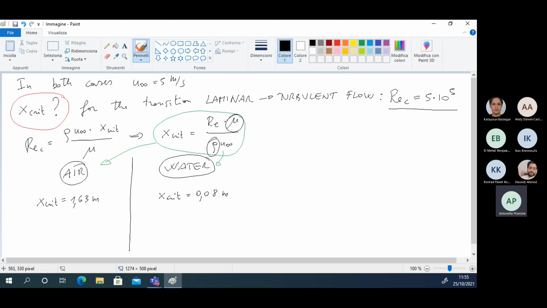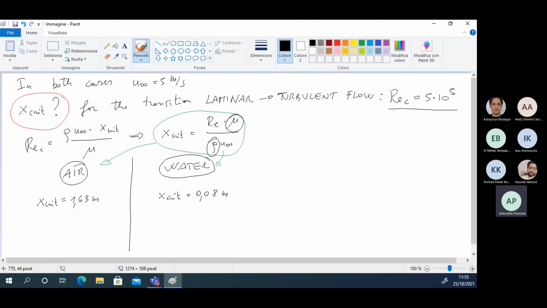That means that for air, the first 1.6 meters are in laminar flow. For water, only 8 centimeters are in laminar flow. For water, nearly immediately, I start the transition to turbulent flow.